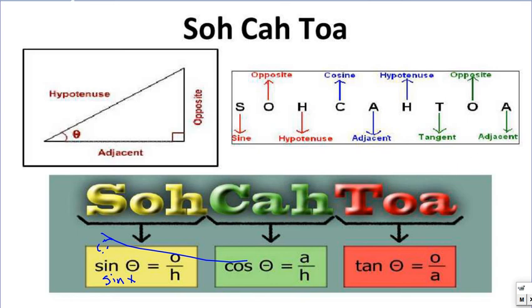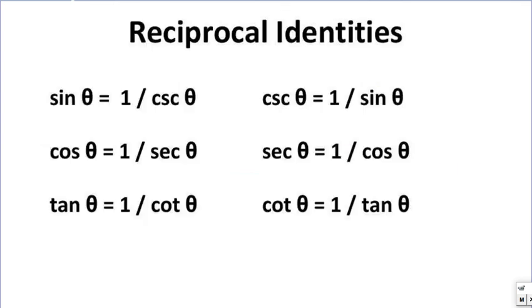All right, so now this is the part that you did not do in geometry. So we have these things called reciprocal identities, and this written out is cosecant, secant, and cotangent. And those are the reciprocals of sine, cosine, and tangent that you learned in geometry.